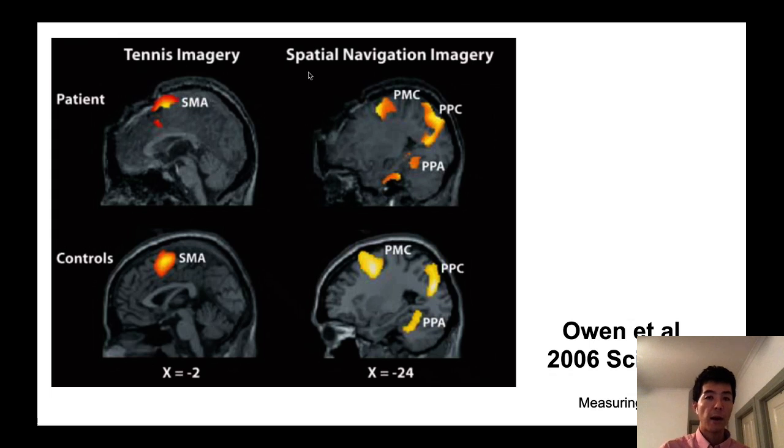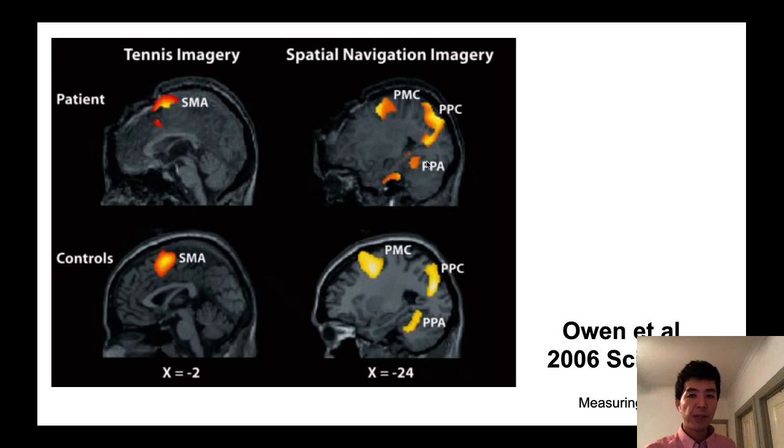At that time it was presumed that this person was in a persistent vegetative state, but it turned out he was minimally conscious. This particular person was able to voluntarily generate neural activity, depending on whether he was imagining playing tennis or moving around in the house.